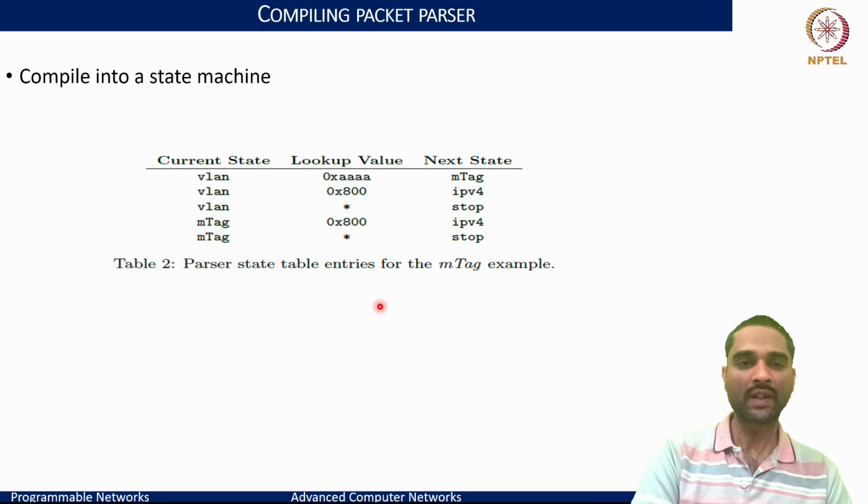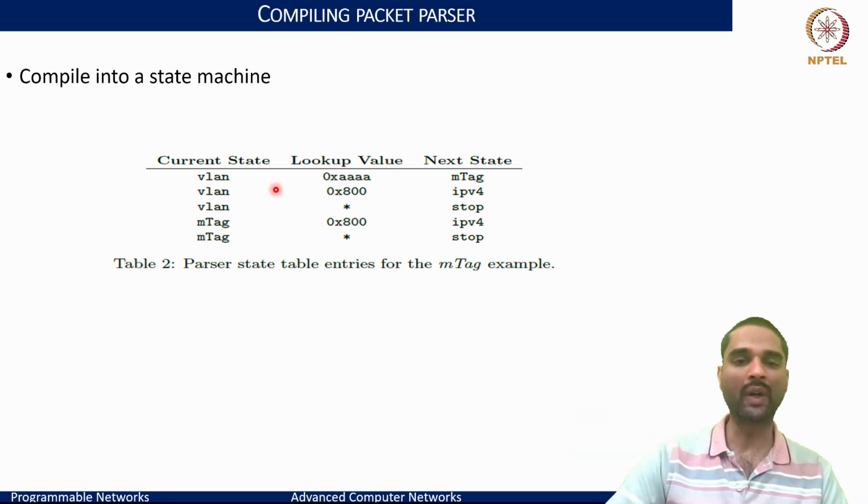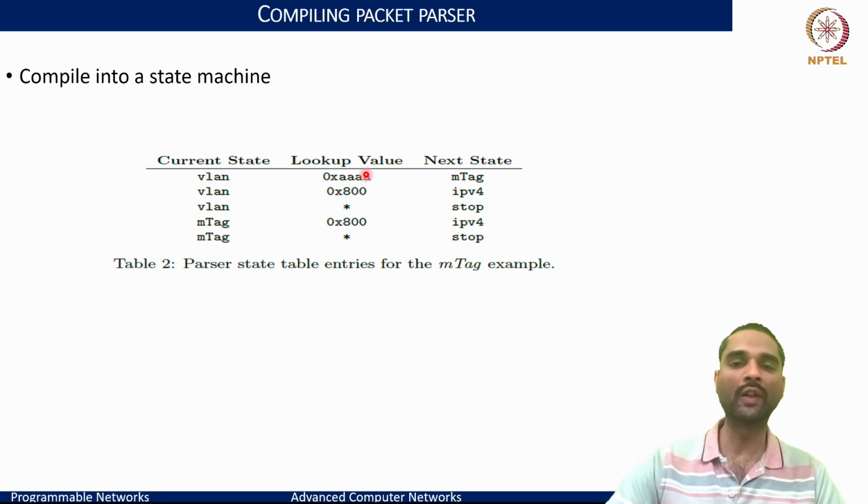And these aspects now, when we compile all of that and set up the VLAN, if we consider how the packet parsing and processing would happen: if our current state is VLAN, we look up the value A in the ether type. And if that is true, then we would take the next stage as MTAG. And if we have a current state VLAN and the lookup value is 0x800, then the next stage is IPv4.